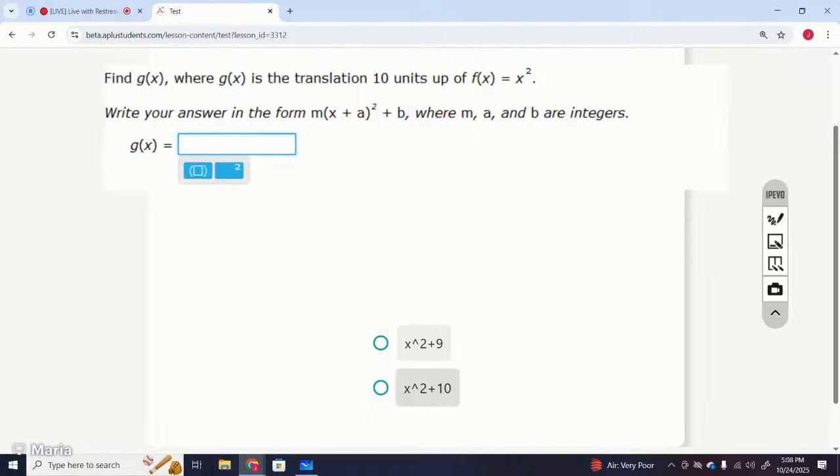That is x squared plus 10. Option number 2 is the correct option.